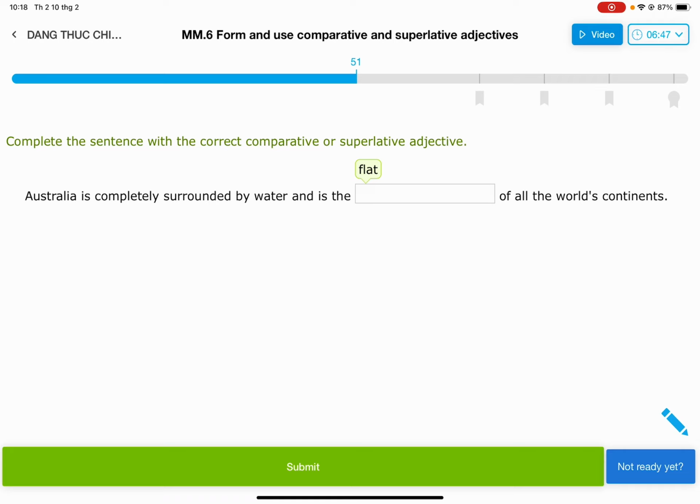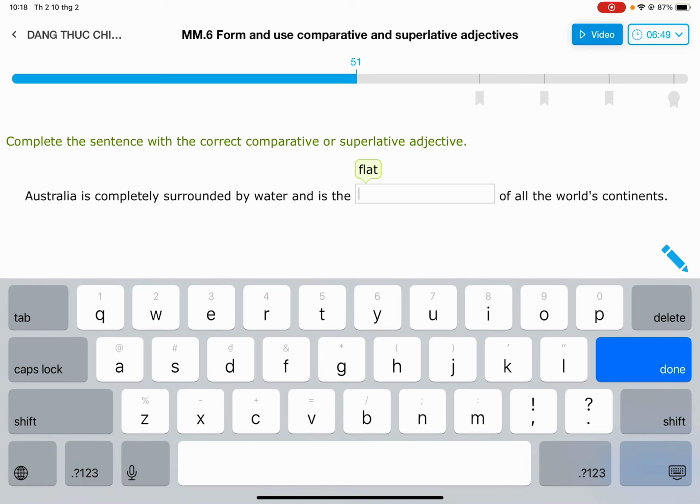Australia is completely surrounded by water and is the flattest of all the continents in the world. I think this makes sense now.